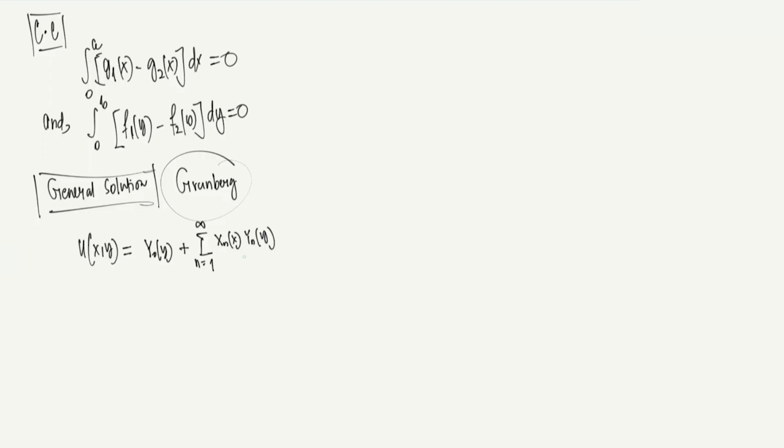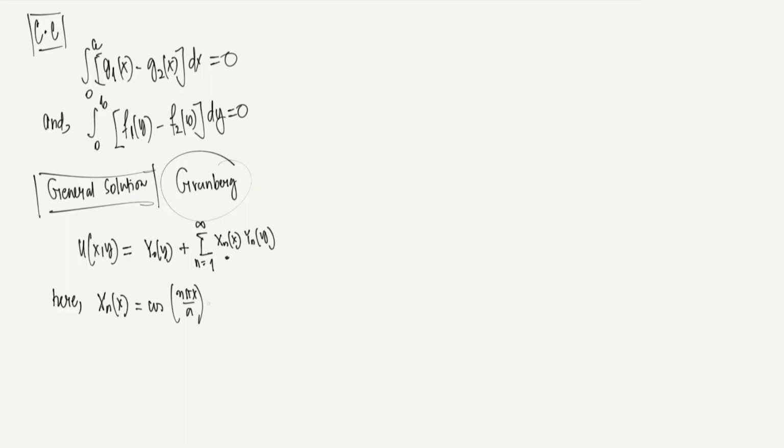Okay, see, what is xn of x now? xn of x is given by cosine of n pi x by a.